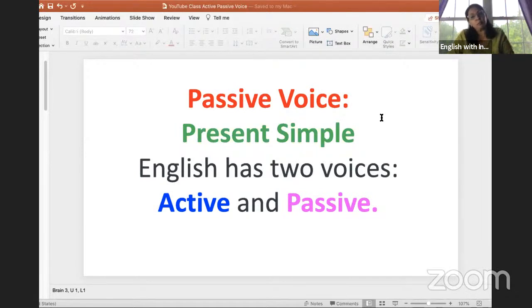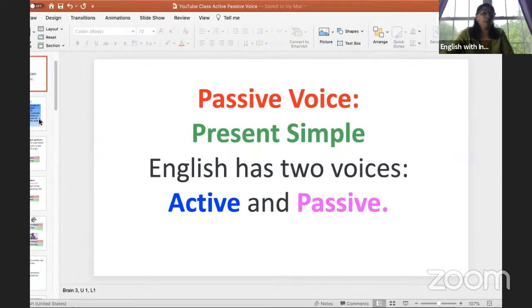If you are passive, that means you are just laying down, relaxing. So you can see how these two vocabulary words are going to help you to understand the active and the passive voice. Okay, so active, the action, right? Keep in mind, active is action and passive, resting, laying down.